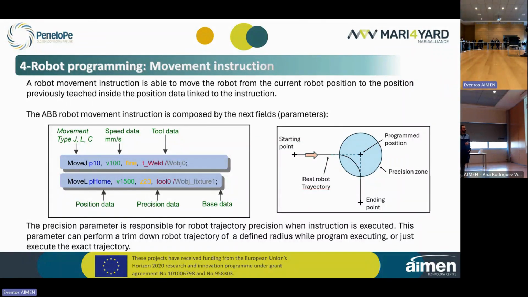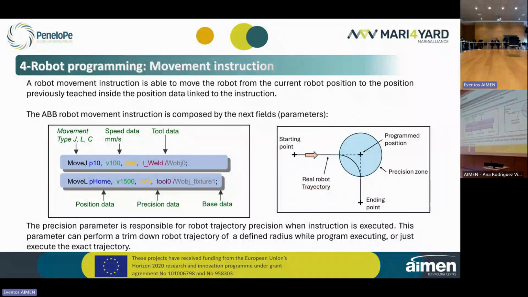I can show you this concept in the right picture on this slide. When we use a precision data different from fine, for example Z20, the robot goes from this point to the other one in that way, following the straight line that you can see here.